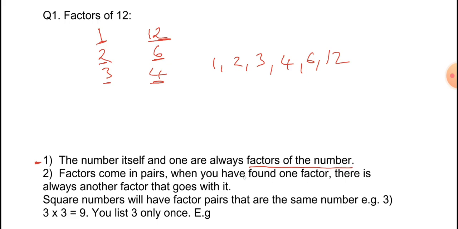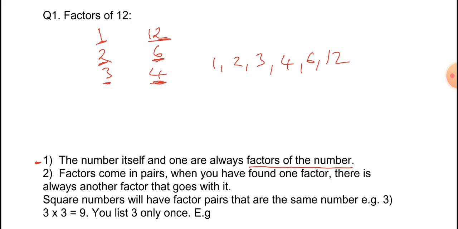When you have found one factor, there's always another factor that goes with it. So when we found 3, we knew that 12 divided by 3 is equal to 4. That's how we found the other pair. When we found 2, 12 divided by 2 is 6. That's how I found 6 as the other pair. There's always another factor that goes with it.